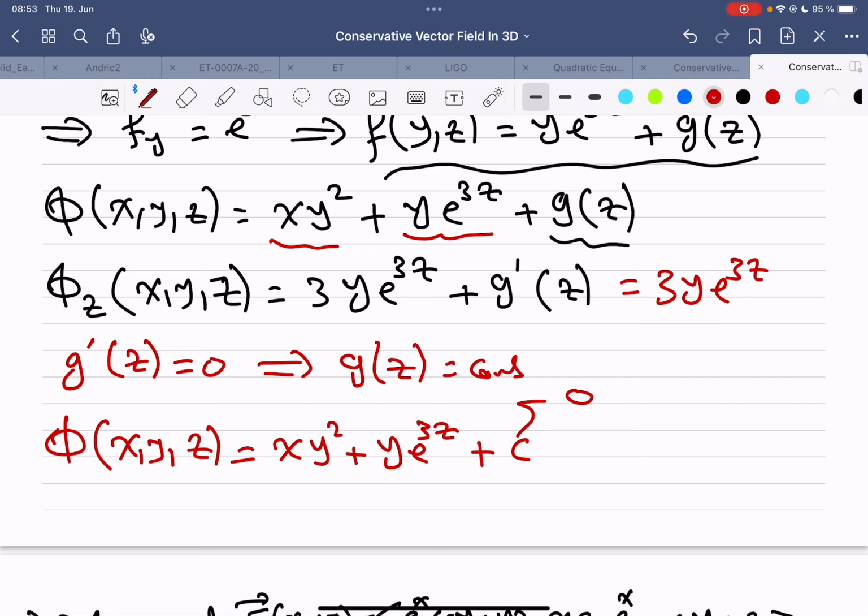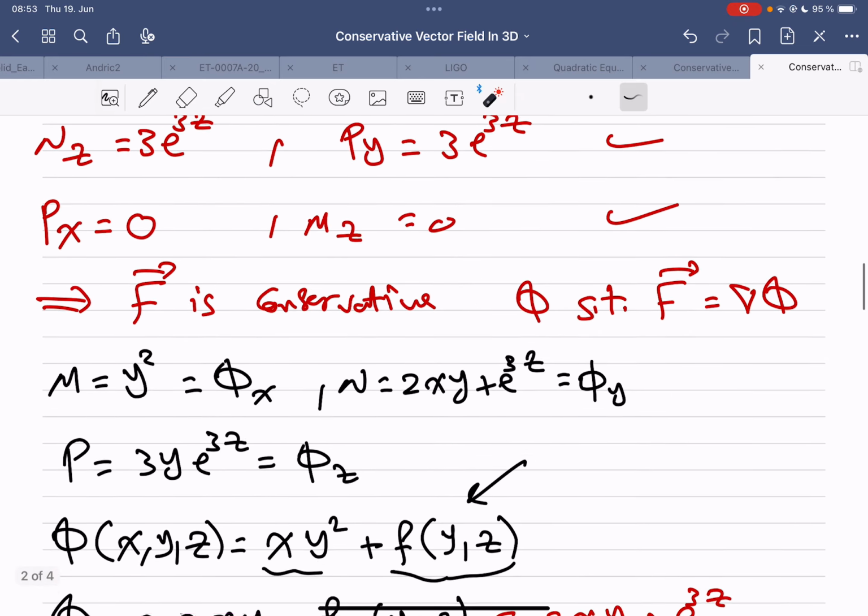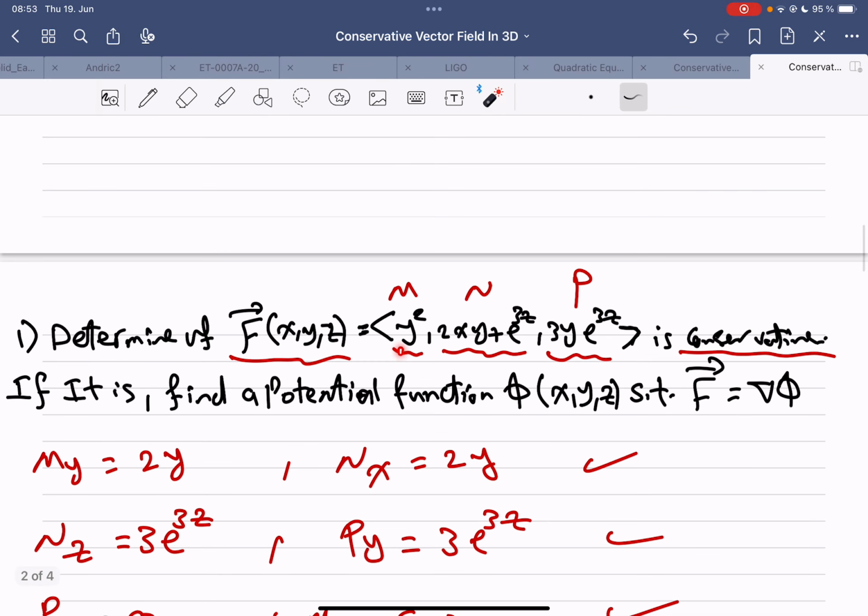If you try to calculate m, which is phi x, n, which is phi y, b, which is phi z, from this phi you will find the same three functions here. You can check now.